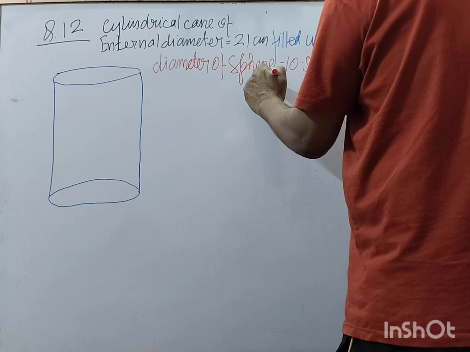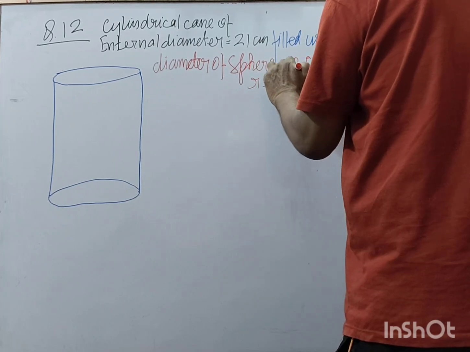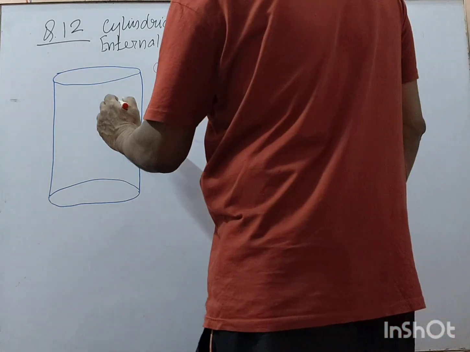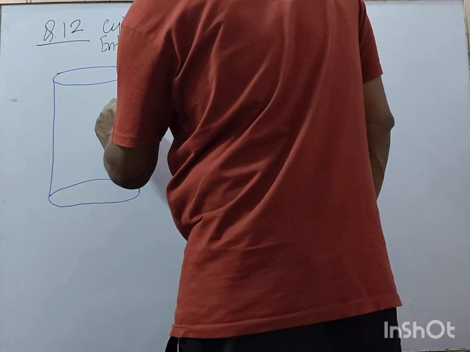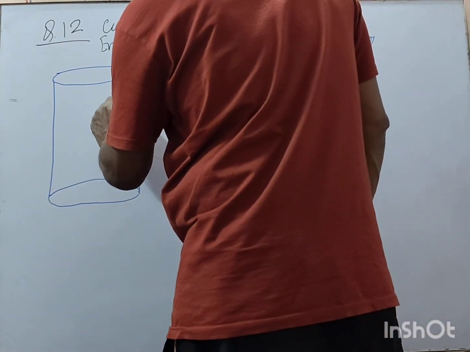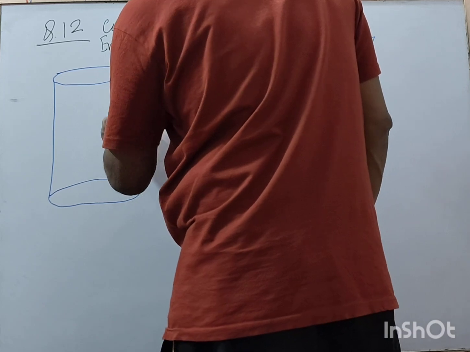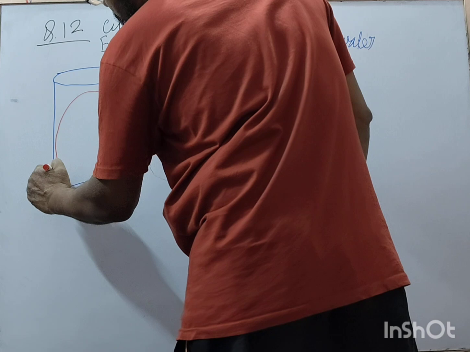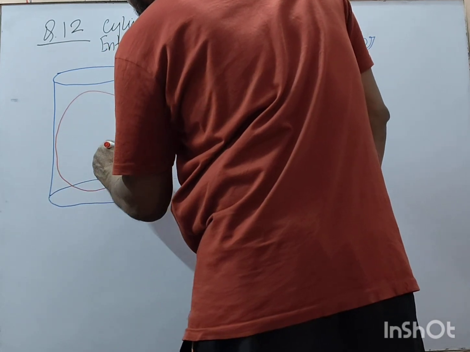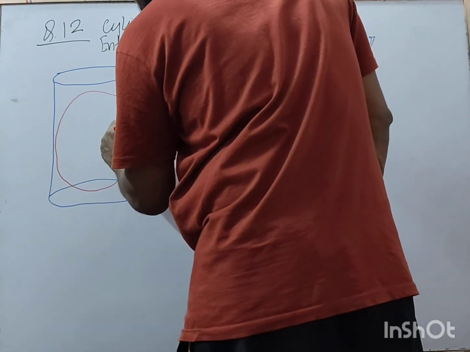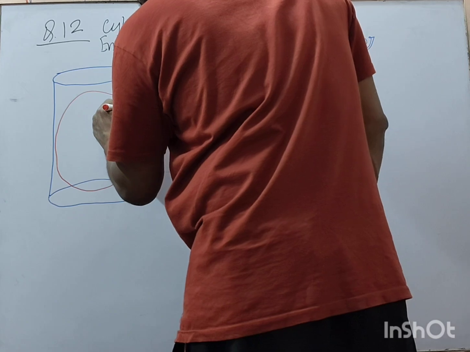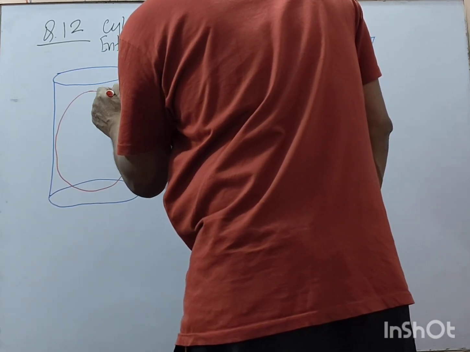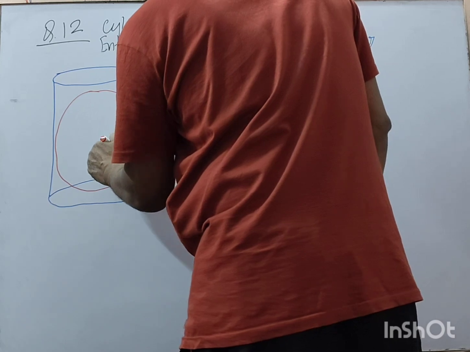Radius is equal to 5.25 centimeter. The sphere is completely immersed in water. Calculate the rise in water level, assuming that no water overflows. Find the rise in water.